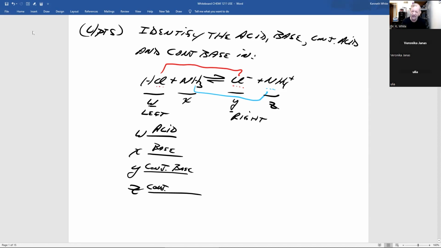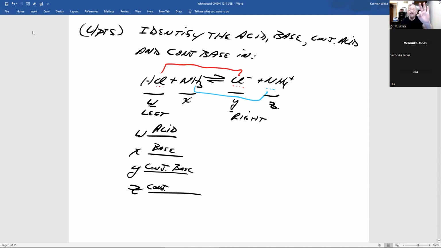And finally, we have Z, NH4 plus, the ammonium cation. And it goes from NH4 plus to its conjugate X, NH3. Has it donated a proton, acid, or accepted a proton, base? Count the hydrogens.